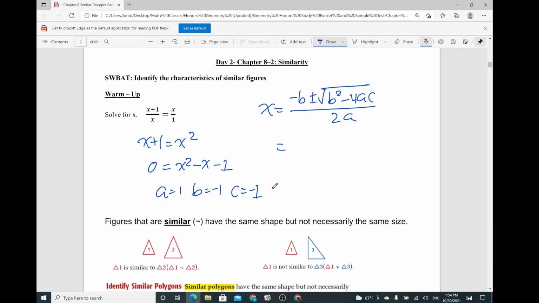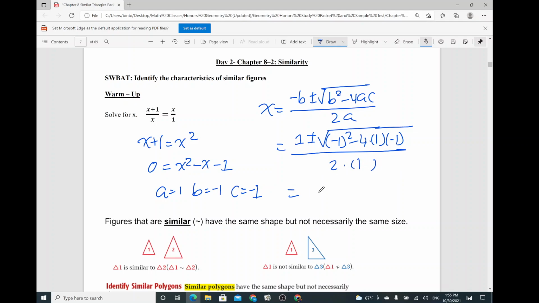Identifying all those elements, we plug in the numbers: negative b, so positive 1, plus or minus the square root of negative 1 quantity squared minus 4 times 1 times negative 1, and then all over 2a, so 2 times 1.